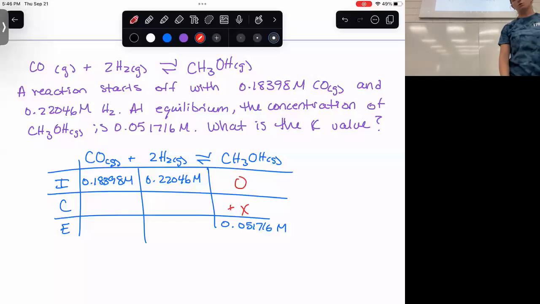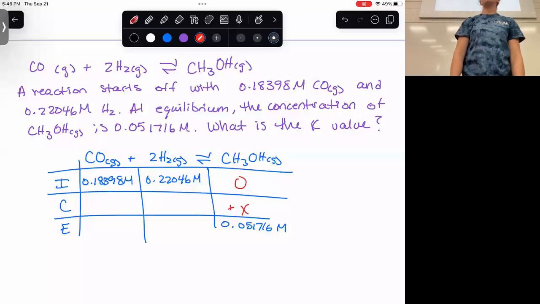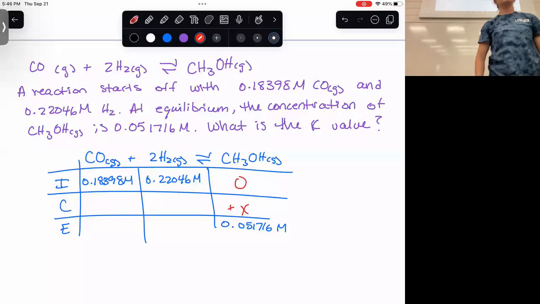Yep, it'll equal whatever the concentration of that methanol is. What about the changes for CO and H2 in terms of X? What about CO? Minus X. What about H2? Minus 2X. Yep.